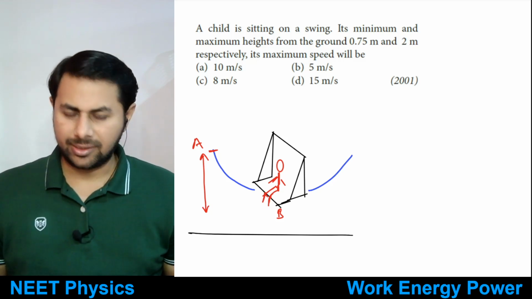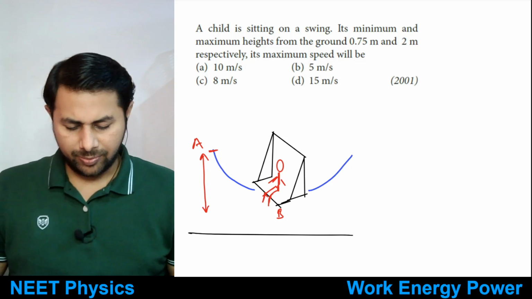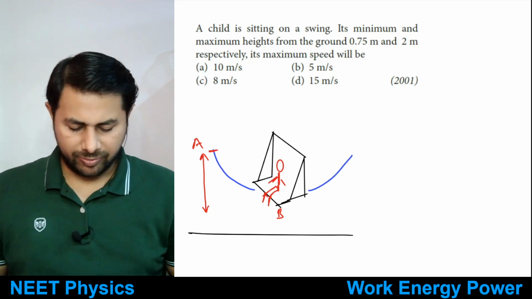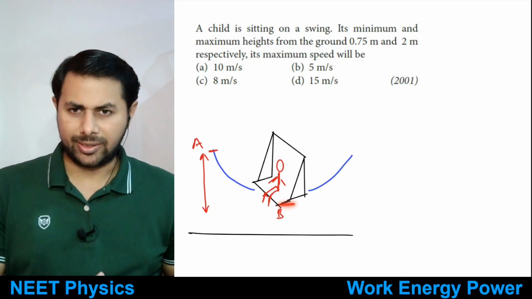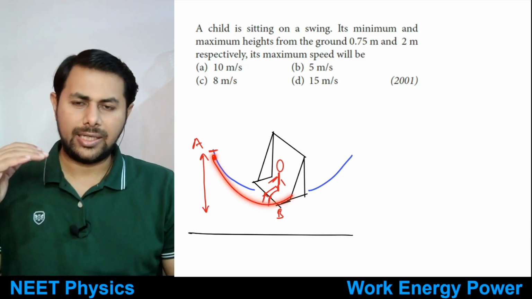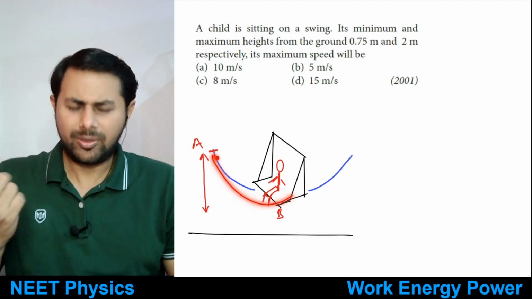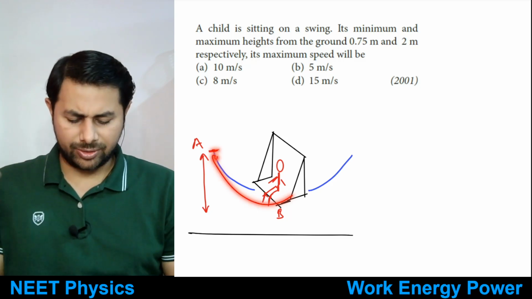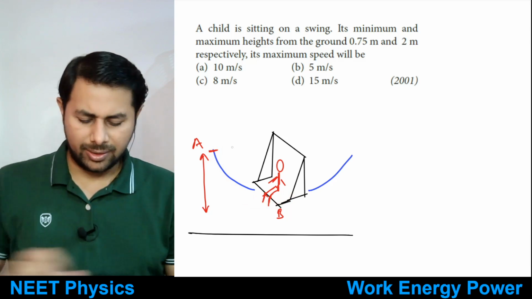Height difference is ha minus hb, and therefore its maximum speed will be, where will the speed be maximum? At this point. When it goes here, you can say it stops for a while, momentarily, and it will come back, right?